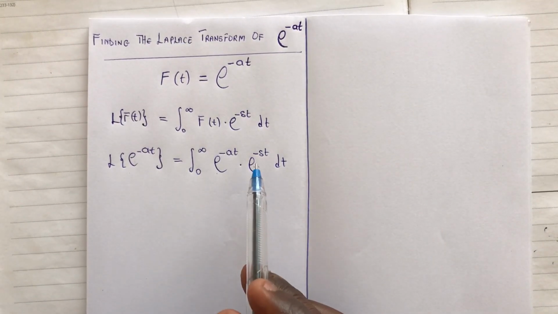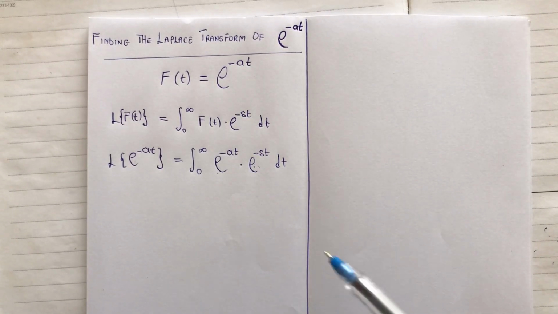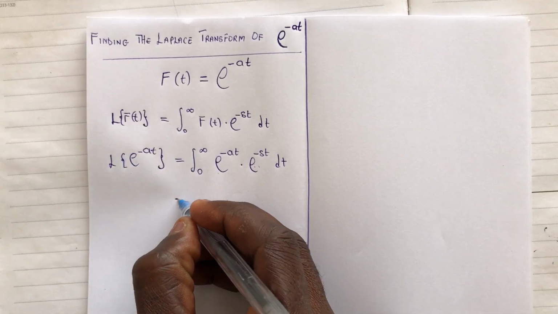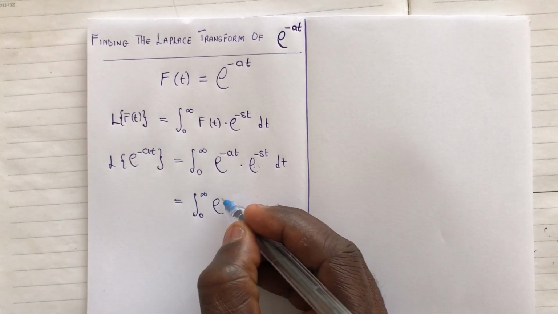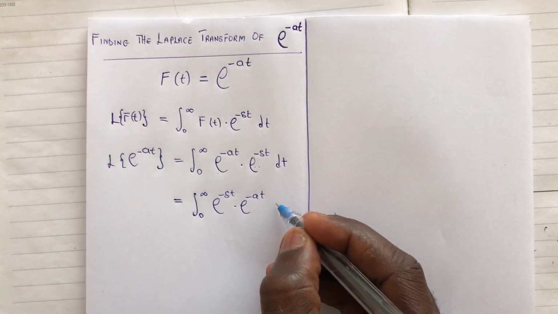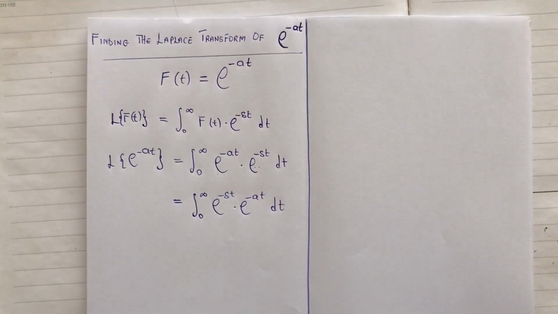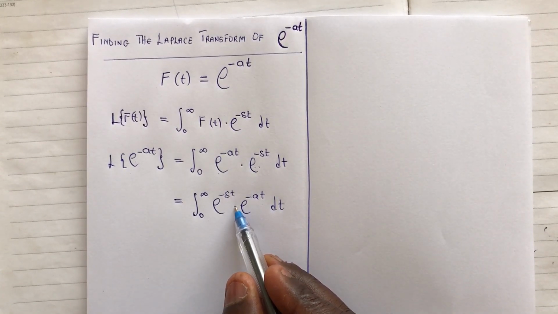So I'm just interchanging the position of this and this so that I can work on the power for you to get the concept easily. Okay, so this is the same as the integral from 0 to infinity of e to the power minus st times e to the power minus at dt. Okay, it's still the same. 2 times 3 is the same as 3 times 2. Okay, so multiplication is commutative.